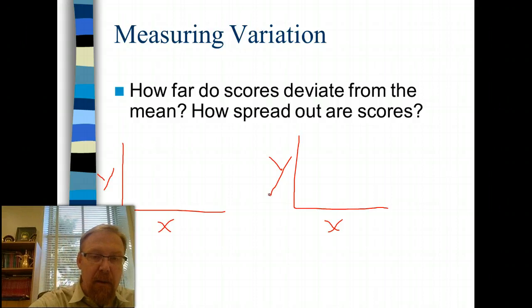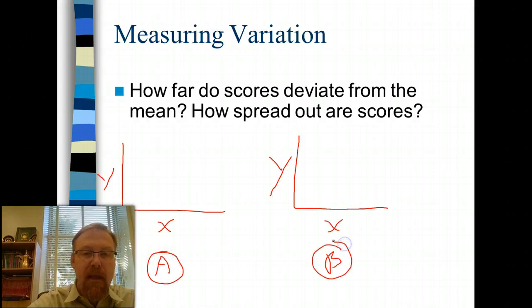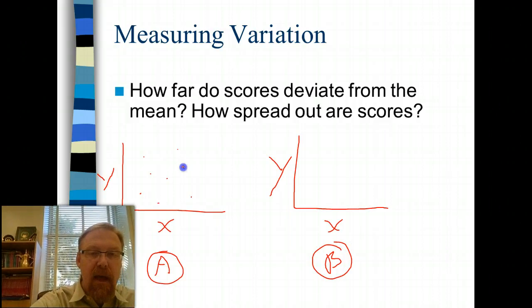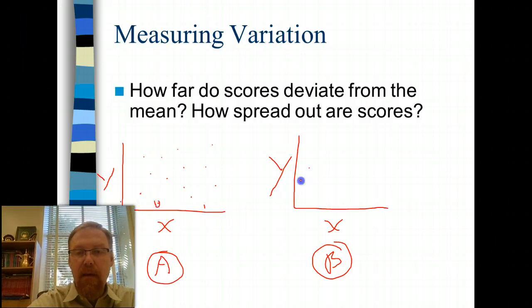This is our sample A, this is our sample B. When we plot the scores for sample A, it looks something like this: x here, y here, and then they meet here. And if we plotted them for sample B, they might look a little more like this.